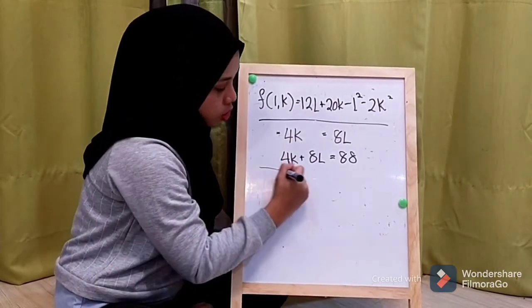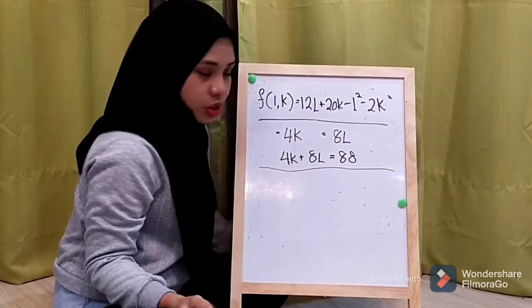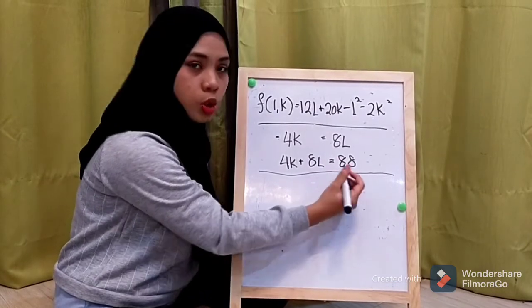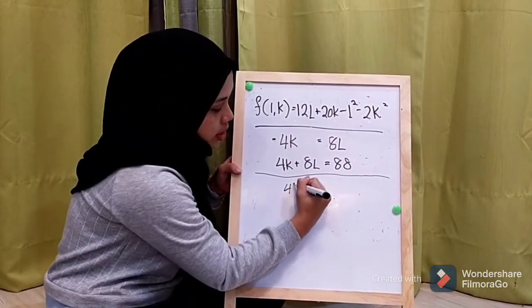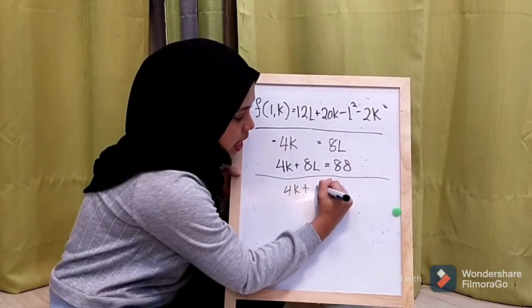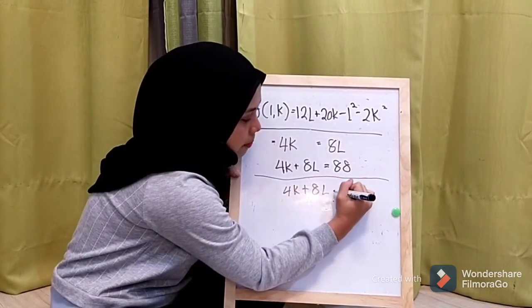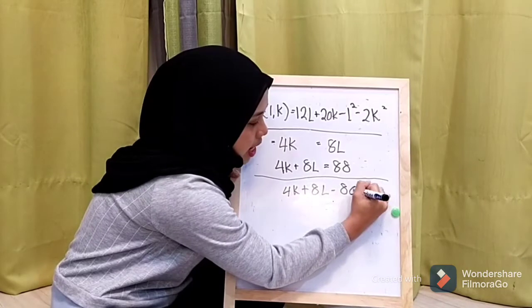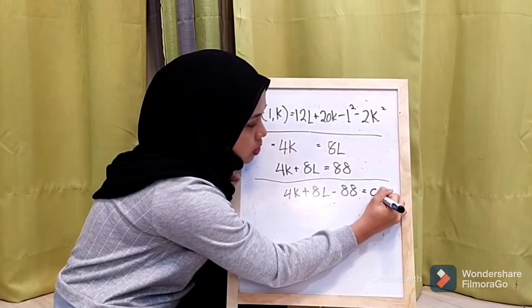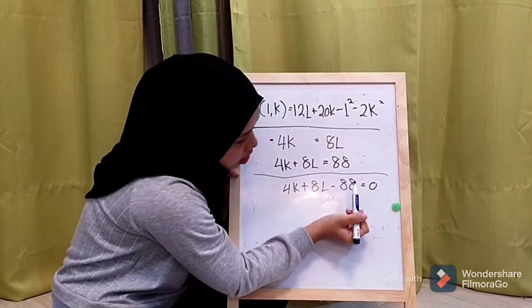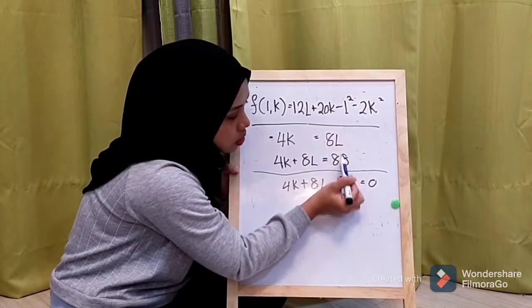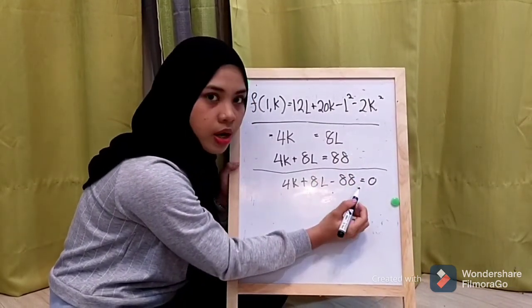So we want to make a constraint. From that, we need to equate it to 0, so it will be 4K plus 8L minus 88 equal to 0. How can it be like this? I move it to the left side, that's why it becomes negative.